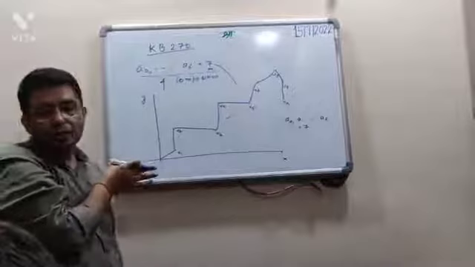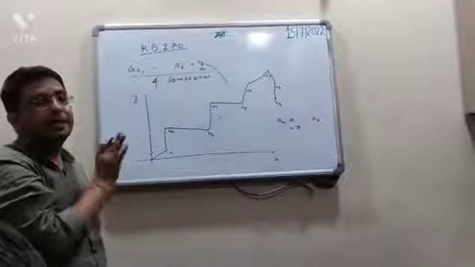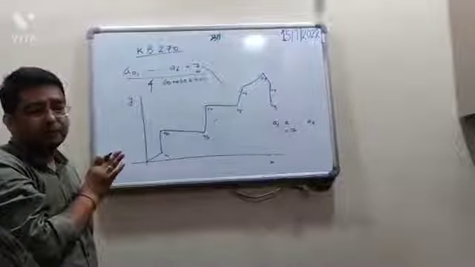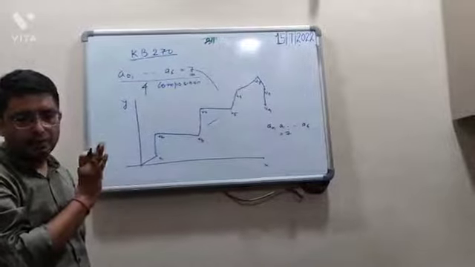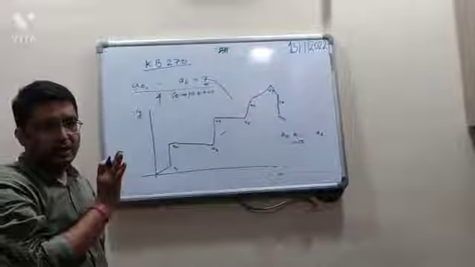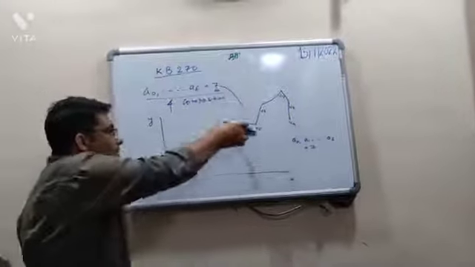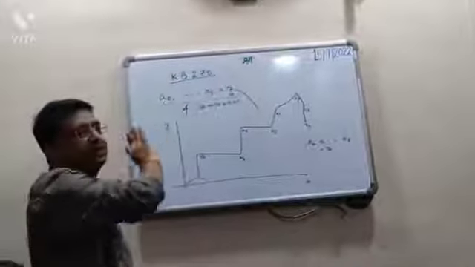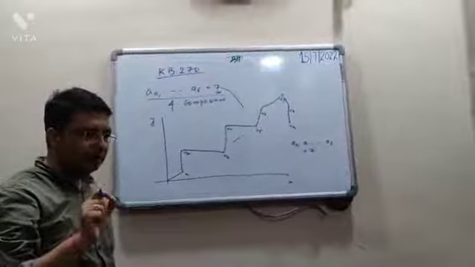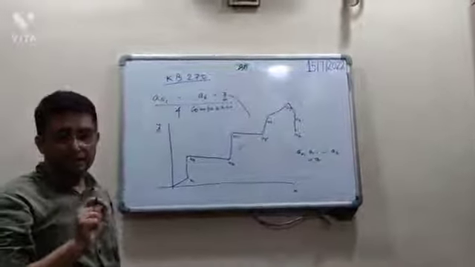Using these 7 coefficients, you can represent this plot. Are you getting my point or not? Now this plot is being represented by these 7 coefficients. Is it clear? Is there any confusion? No.